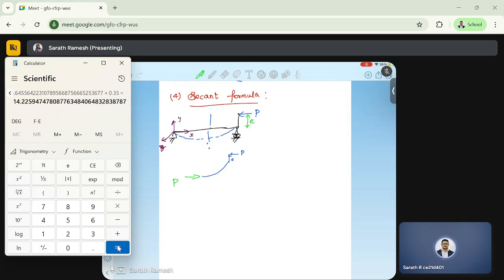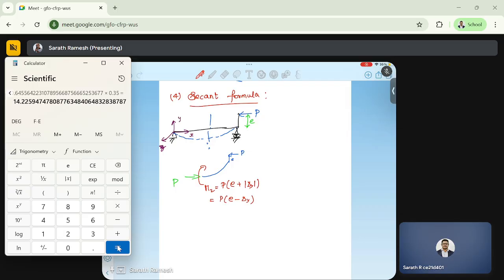So to counter it, there will be a clockwise moment induced. Okay, this is the Mz moment. This will be P times E plus this magnitude of delta y. Here it is, as per the coordinate system, it is minus.